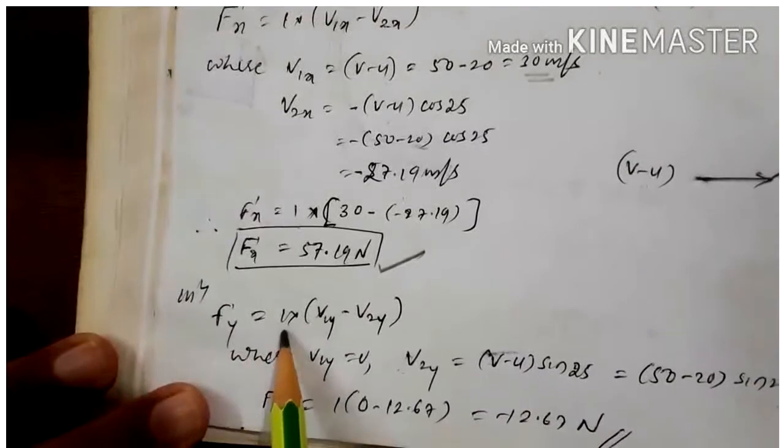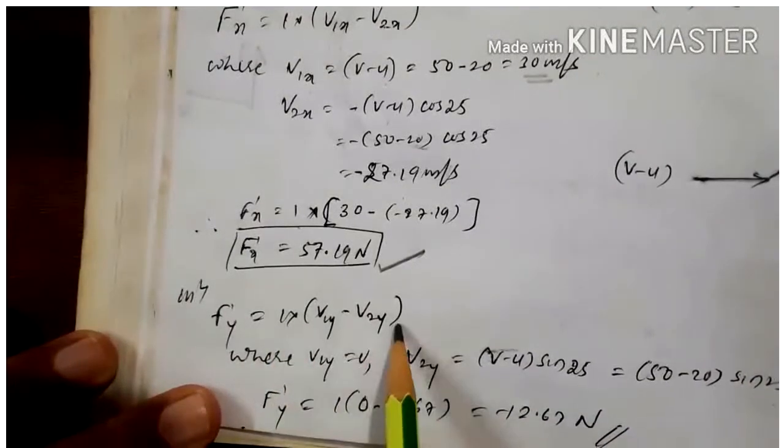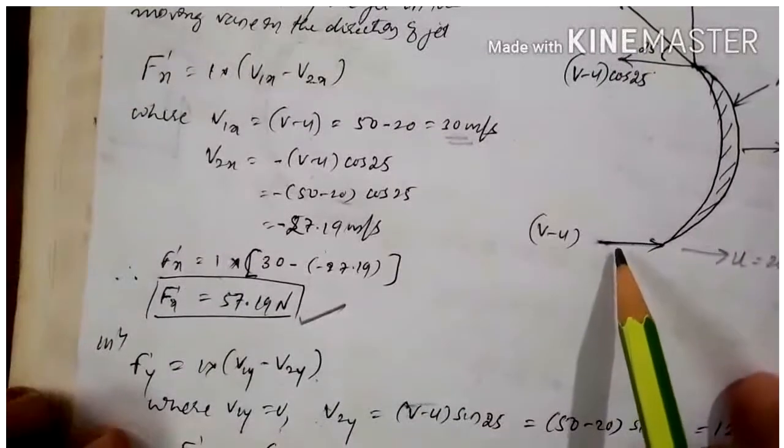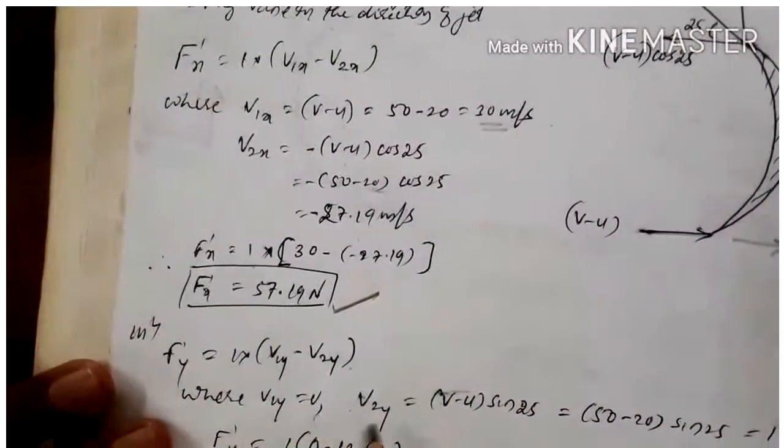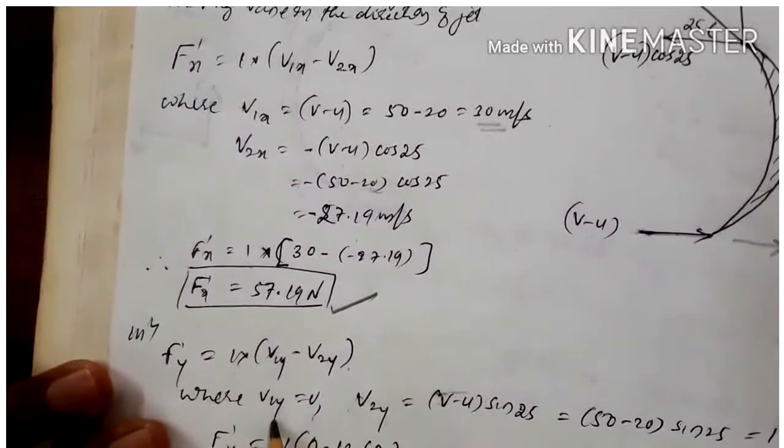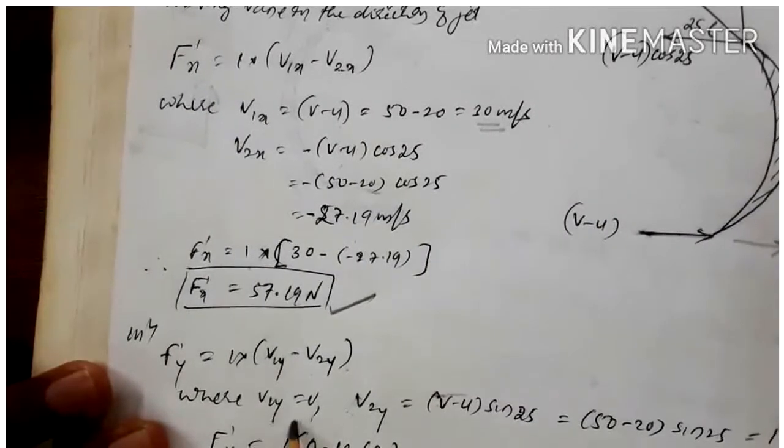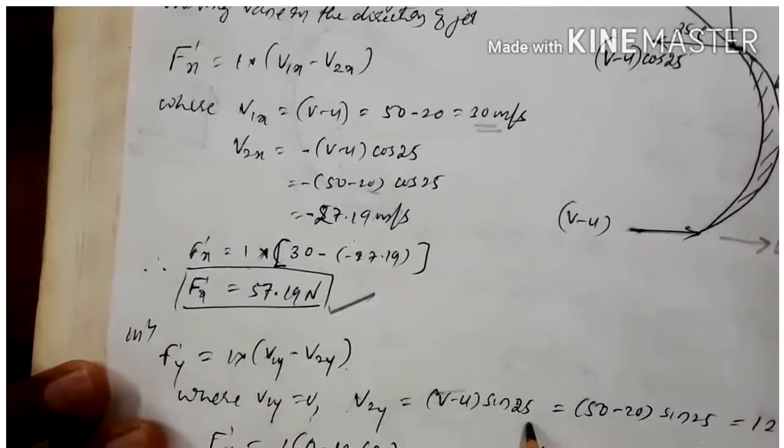Then Fy, again per kg of flow, is v1y minus v2y. v1y is 0, we don't have any y component here, and v2y will be (v minus u) sin 25.